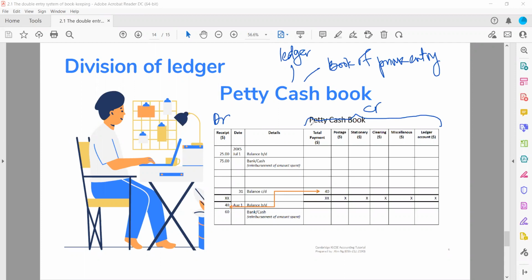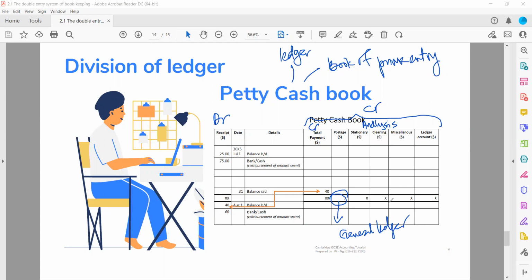The column in here, this credit, extended into many columns because this one is the analysis. We call analysis column. Analysis column means that end of the month, we just need to transfer the total to the general ledger. This is for the postage, stationery, all these individual account.